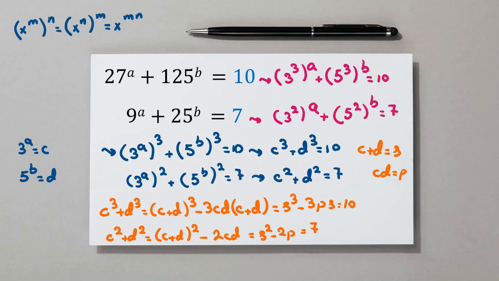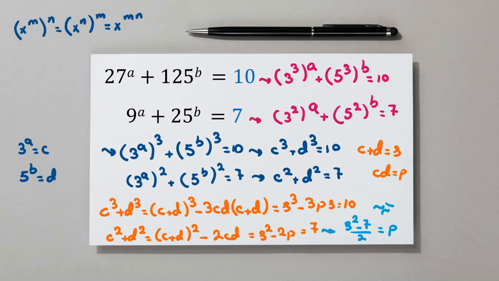Okay, for this part, I use substitution. For substitution here, I say from the first one we write p in terms of s. So p equals (s squared minus 7) over 2.